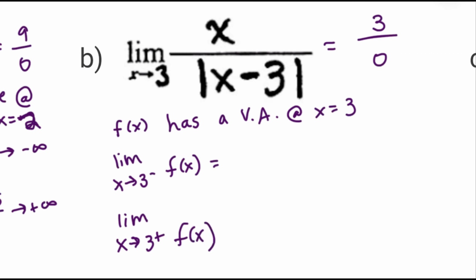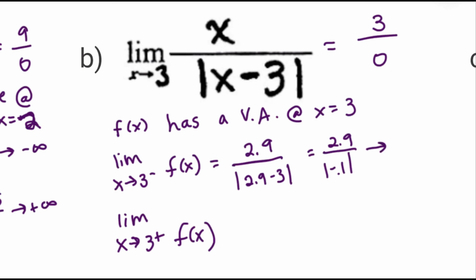Okay, so from the left, I'll just plug in a number slightly smaller than 3. That's 2.9 over the absolute value of 2.9 minus 3. So that will be 2.9, and 2.9 minus 3 is negative 0.1, but the absolute value will make it positive.